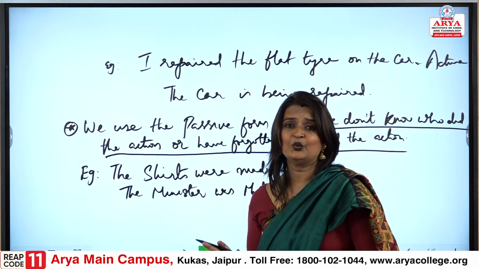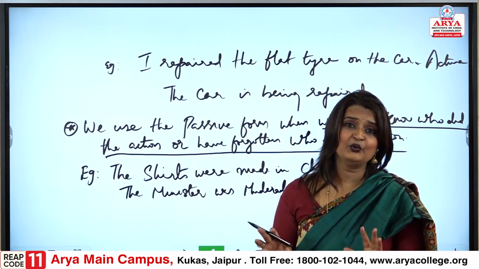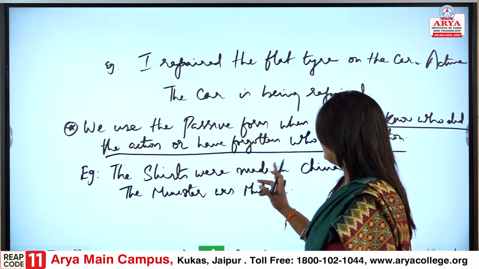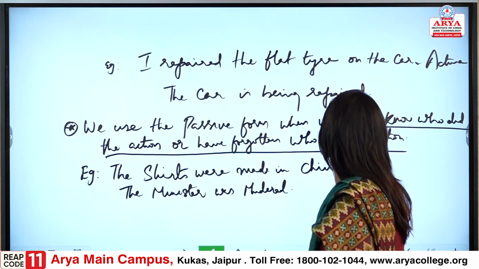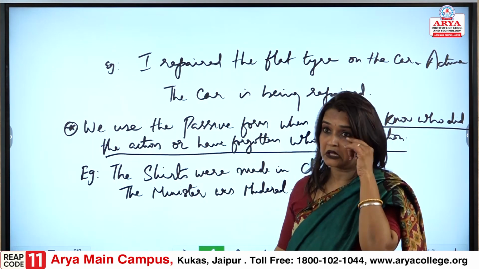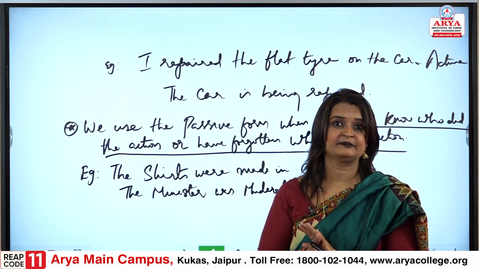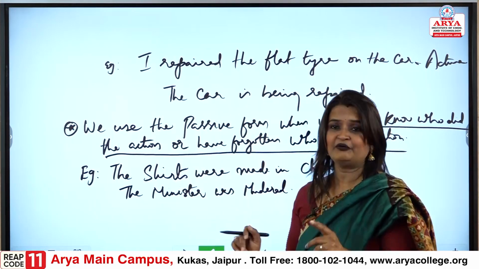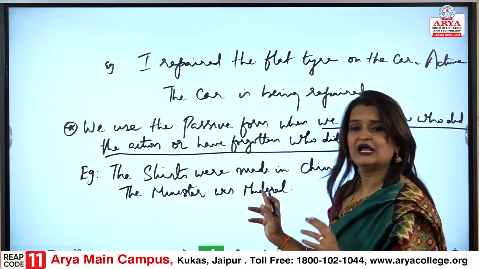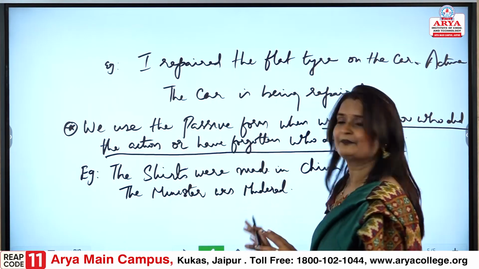Do we know who killed the minister? We do not know. So again, that point, we do not know who did the action. This is the passive voice. The minister was murdered. We do not know. Fine. So in such cases, passive voice is used.